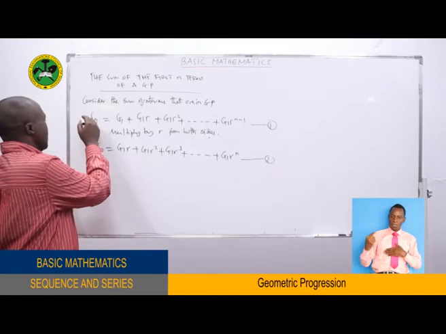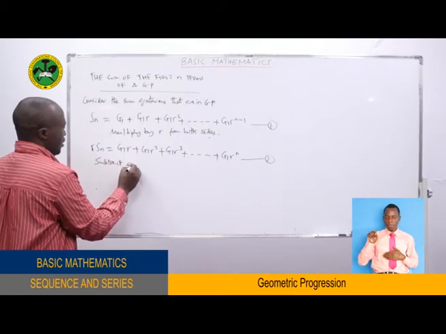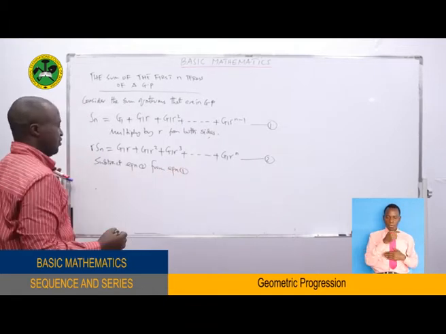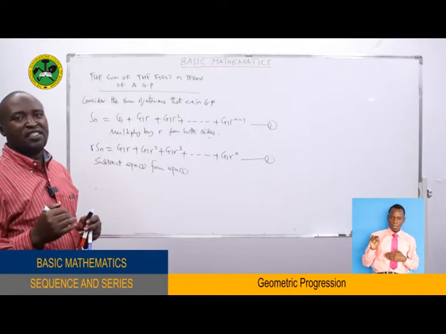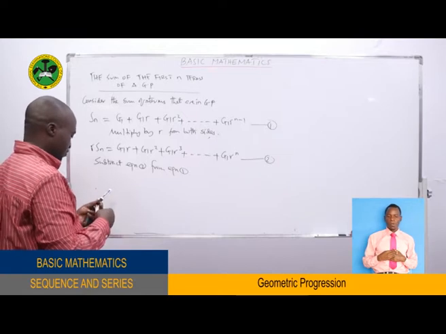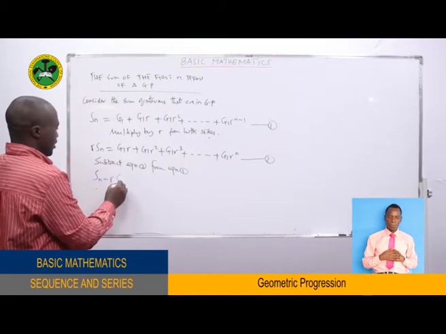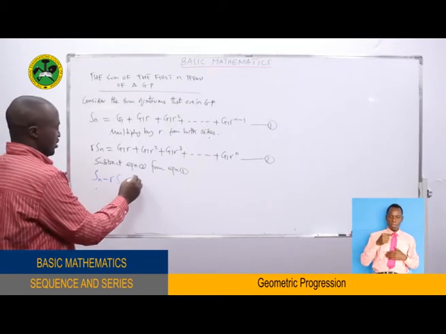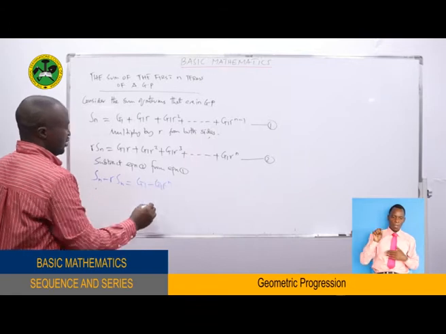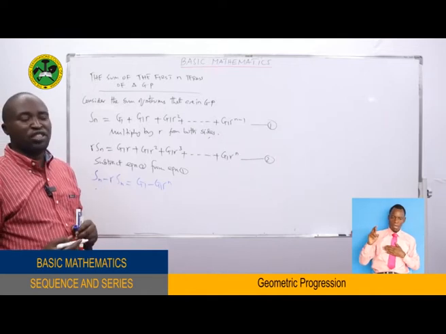Now suppose we subtract equation 2 from equation 1. Just take equation 1 minus equation 2. In this case, we have S_n minus R S_n is equal to G1 minus G1 R power n. That is what is going to remain on subtracting equation 2 from equation 1.